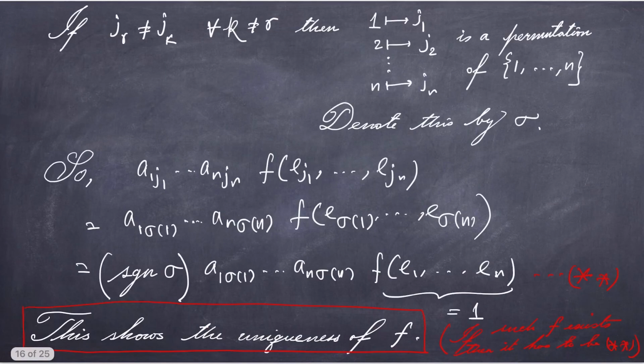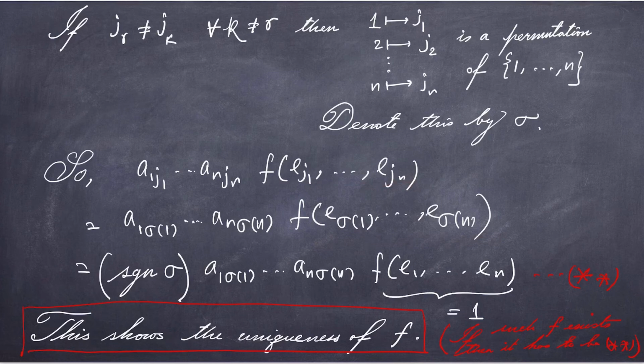Now let's observe further that if i maps to ji is a permutation, and we denote this permutation by sigma, then this is nothing but this. And now we use the skew symmetry of f.